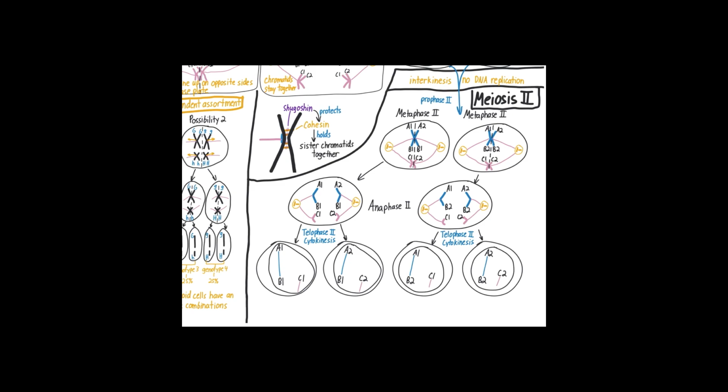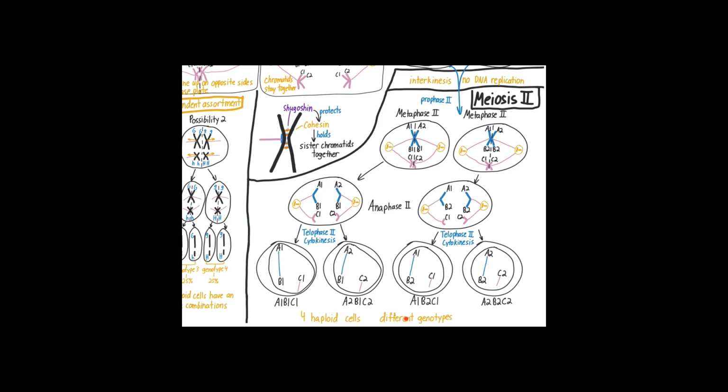So, by the end of meiosis, we have 4 haploid cells with one of each chromosome type and one copy of each gene, all with different genotypes. In this example, the chromosomes with A1 and B2 on it, and the chromosome with A2 and B1 on it, were produced from crossing over.